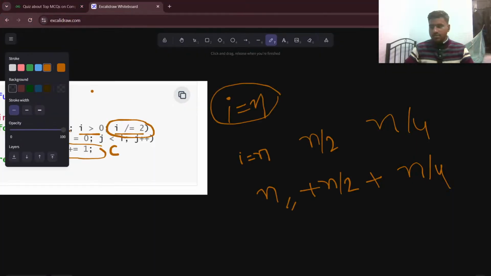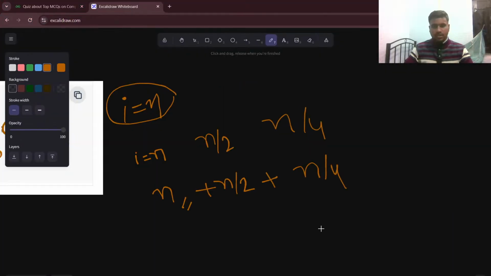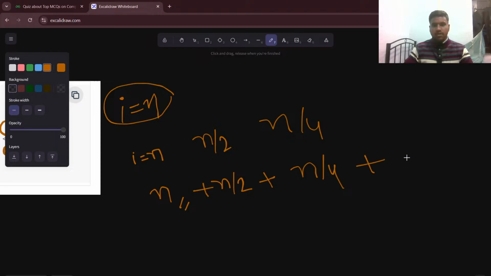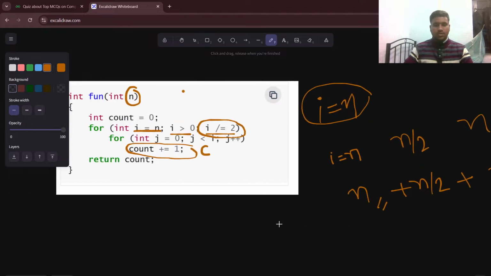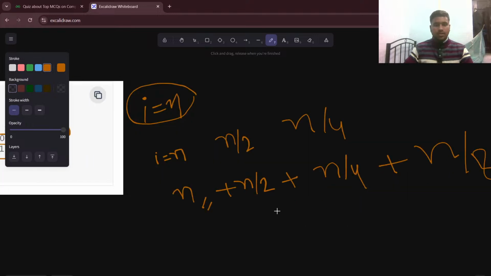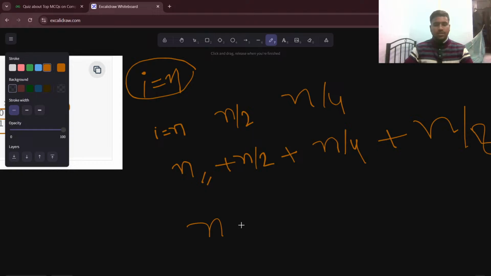But let's get started. Then it goes n by 2, n by 4, and n by 8. So if you make n common, then it becomes 1 plus 1 by 2 plus 1 by 4 plus 1 by 8 plus dot dot dot.